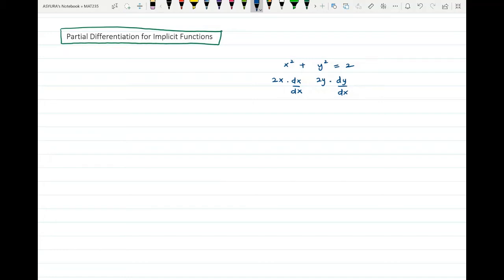But since dx/dx equals 1, usually we don't write it.